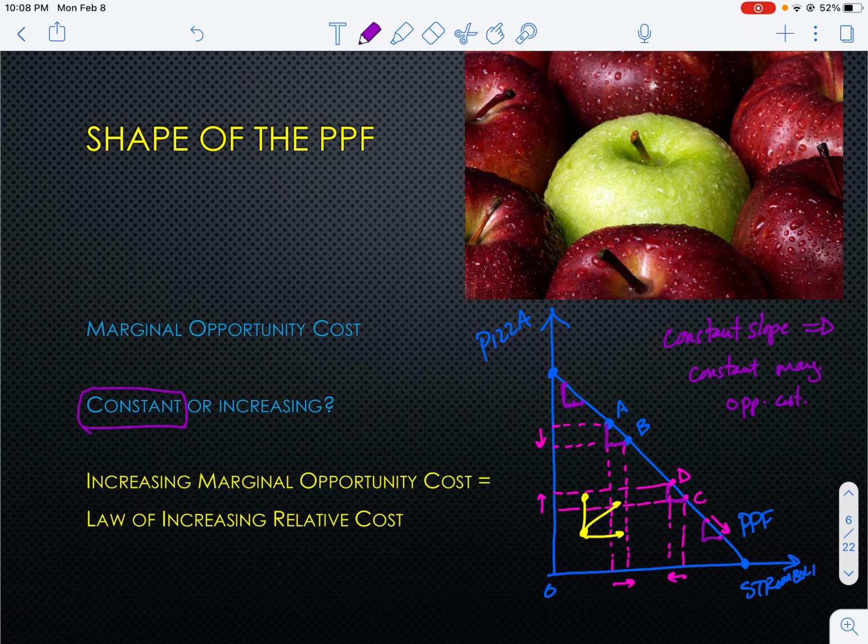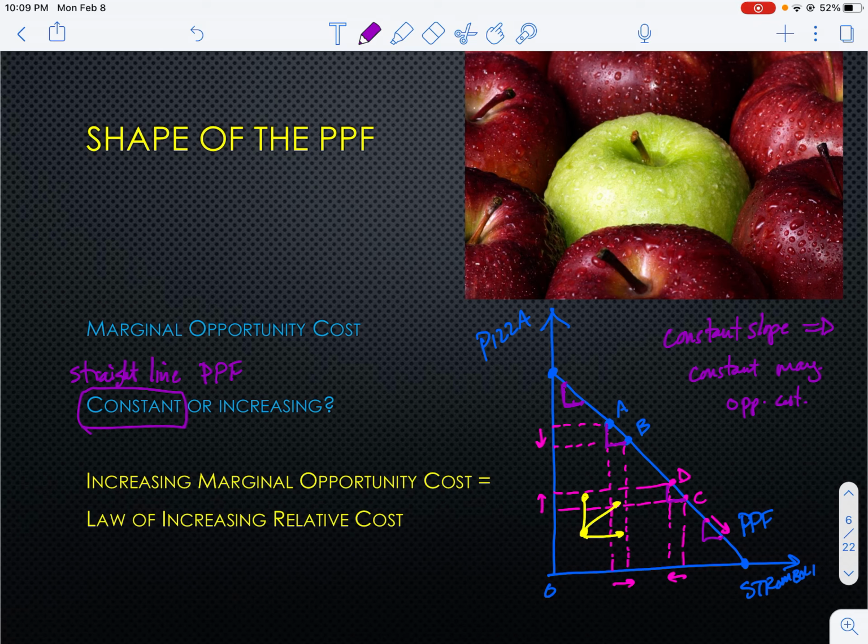So constant marginal opportunity cost, or what the book calls, well, I think they do call it constant marginal opportunity cost, means you have a straight line PPF. So the slope is constant.